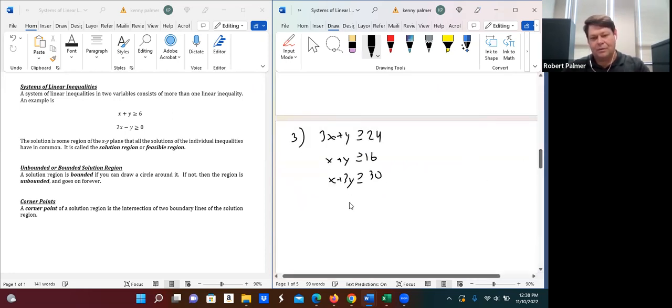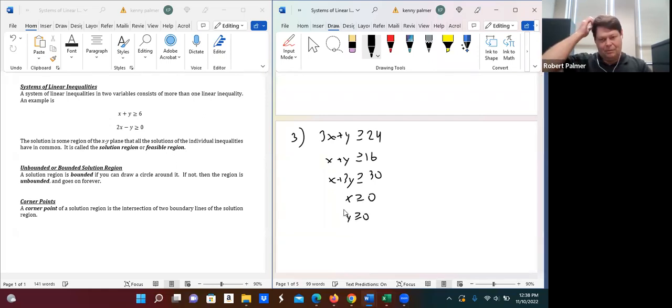And then constraints like I had last time, so x is greater than or equal to 0 and y is greater than or equal to 0. Now here we have essentially 5 inequalities, but they're all in 2 dimensions, so we can still use them in the plane. So let's do that.